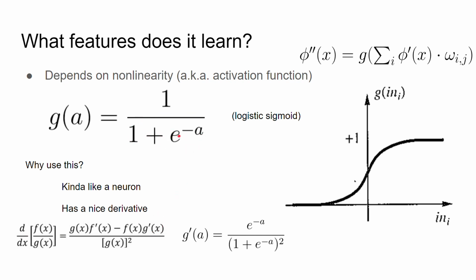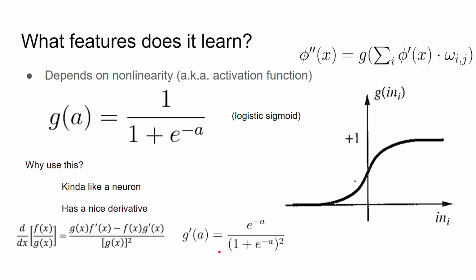The 1 goes to 0, and e to the minus a gives minus e to the minus a. The minus sign multiplies by the minus sign, so we get e to the minus a on top. And then the bottom is just the square of the original thing. Really? That's a nice derivative? That doesn't look like a nice derivative, but okay.